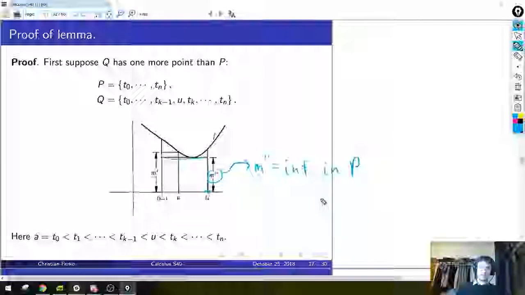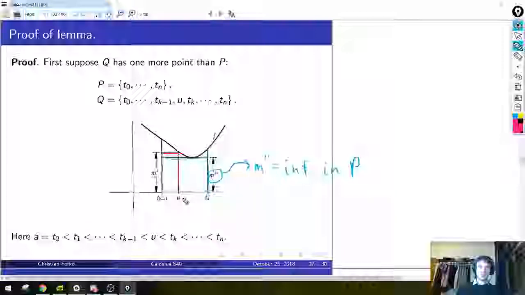And what I'm going to try to argue is that when we inject a new point U, we have to split this interval into two pieces and think about what the infimum of the function is on each of those two subintervals. For instance, here I've shown one of them. When we inject U, Q, the new finer partition, asks us to go and look at each of its subintervals and take the infimum.